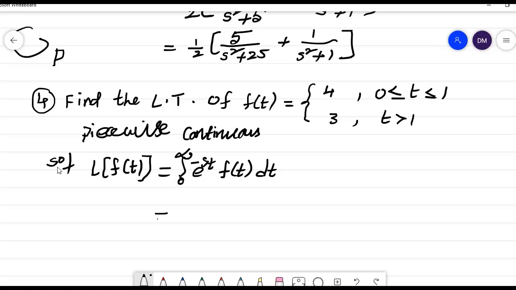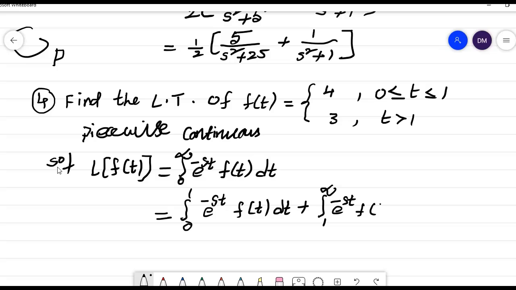Here the interval range is 0 to infinity, but we have to split it as 0 to 1 and 1 to infinity. So we can split this as integral 0 to 1 e power minus st f of t dt plus integral 1 to infinity e power minus st f of t dt.